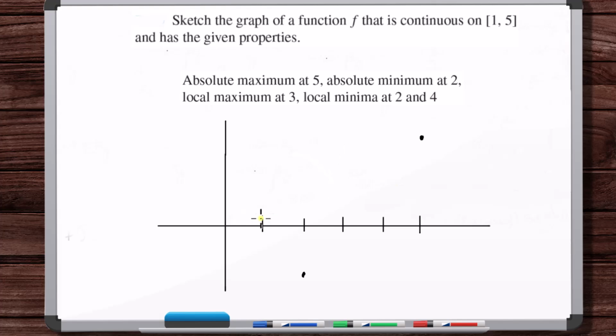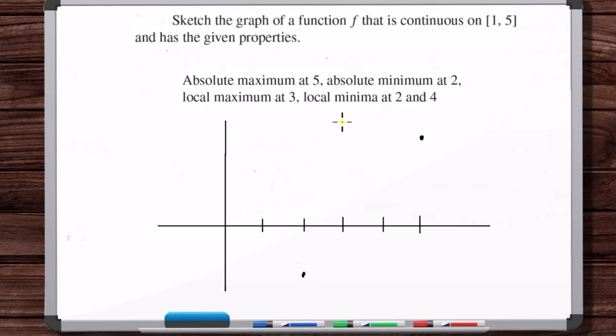So we can put whatever we want. For the locals, we can make it either a smooth curve or like a kink point. So let's do a kink point here. All right. And then a local minimum at 4, 1, 2, 3, 4. Okay, but then a local max at 3.